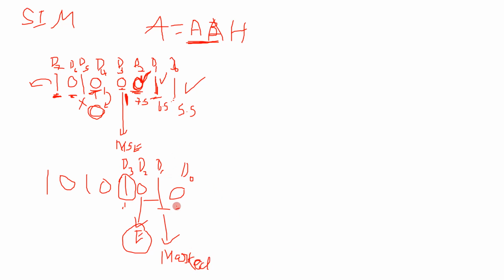This is 0, that means it is enabled. The processor will service this interrupt, and it will interrupt based on the priority. RST 7.5 has higher priority as compared to RST 5.5. So if the programmer wants to mask and unmask the interrupts, the programmer should use the same instruction.